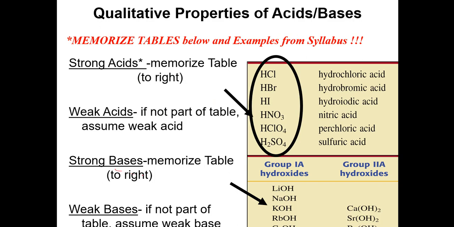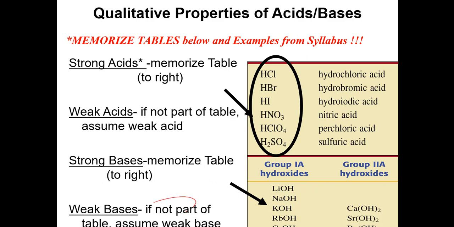Now let's go down to strong bases. The names are classic names of ionic compounds that you've already learned, so I didn't write the names on here. This one right here is lithium hydroxide. This one right here is sodium hydroxide. So you should be able to reason out the names, unlike the acids. Good news, you have to memorize all of these.